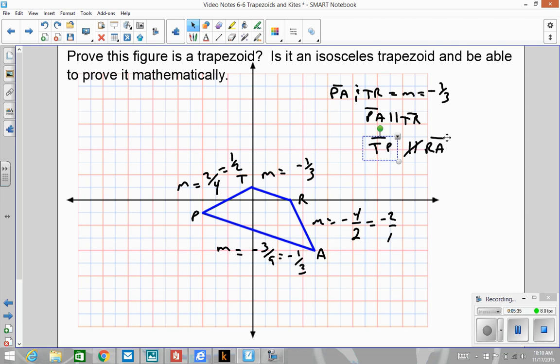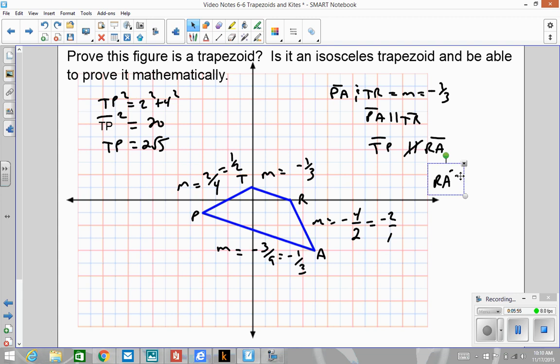So if my sides were 2 and 4, that means TP squared is equal to 2 squared plus 4 squared. So TP squared is equal to 20, and then TP is equal to 2 square root of 5. We get RA squared is equal to 4 squared plus 2 squared also, so RA is going to equal 2 square root of 5 also.